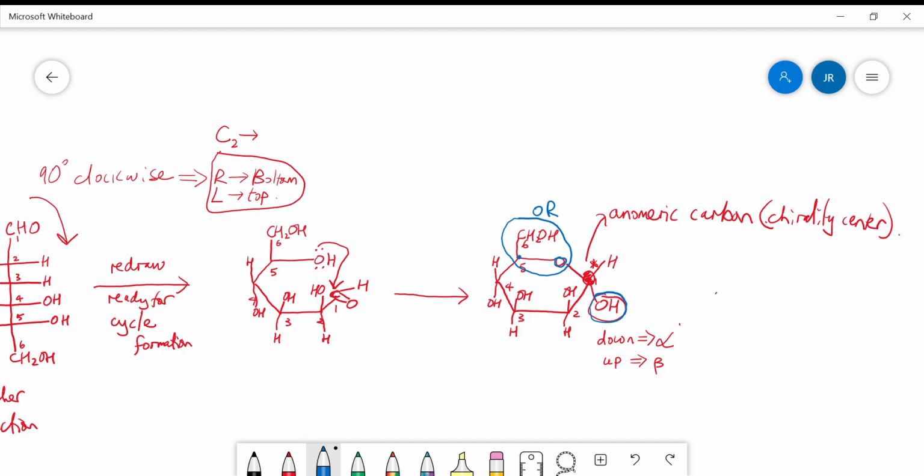So essentially I've got carbon, OR, OH. So I know that this whole structure contains a hemiacetal. It's also, don't forget, our Haworth projection.